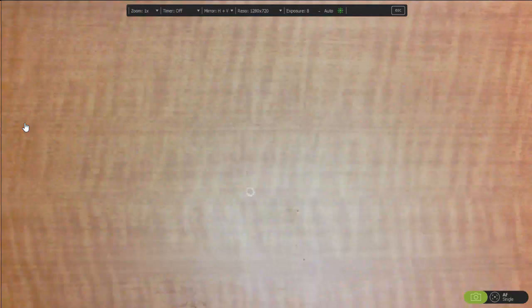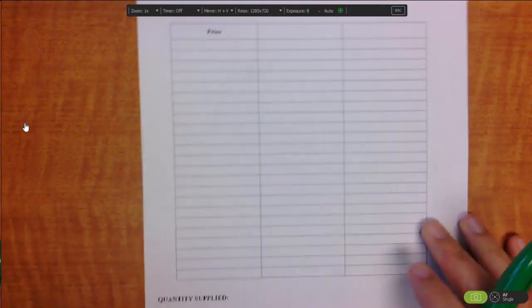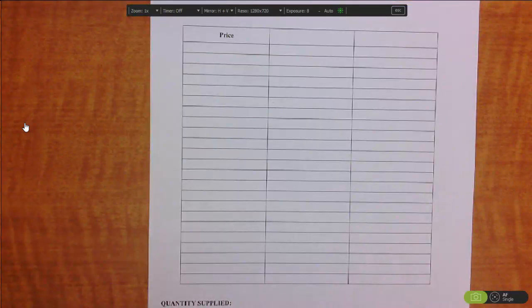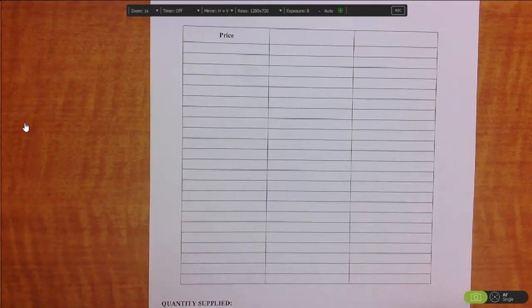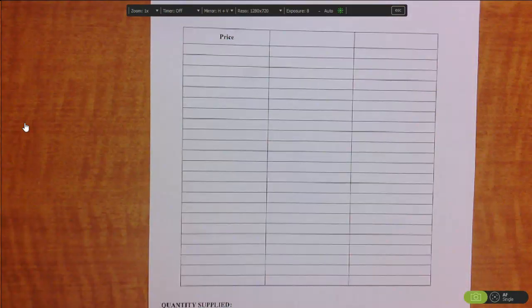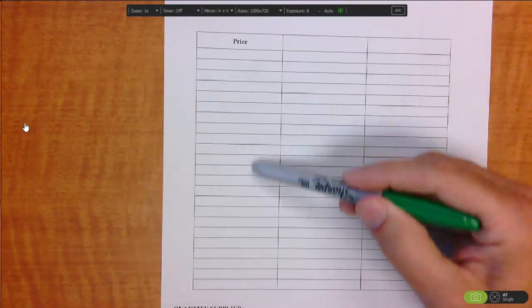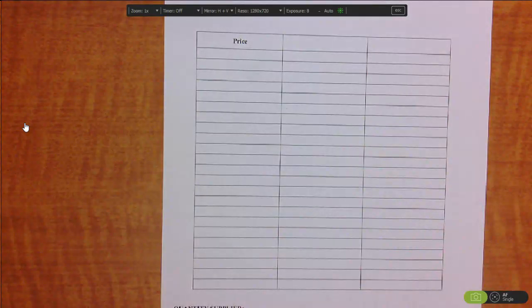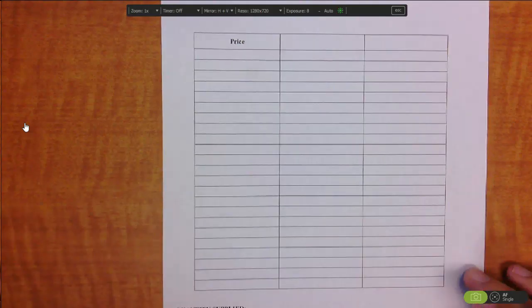Now, to get to the heart of the standard, once you get some data from your simulation, the simulation is going to have you create a document like this. Now, this is one I made for me in my classroom, but all of the simulations have something like this. So the students are going to end up listing a bunch of prices down through here that they agree to buy or sell the wheat or the oil or whatever it is they're buying or selling.